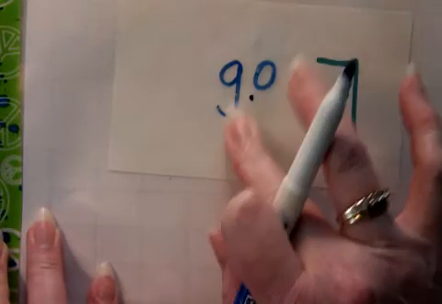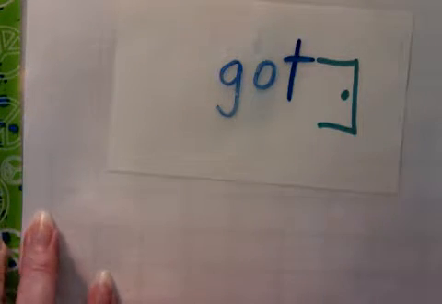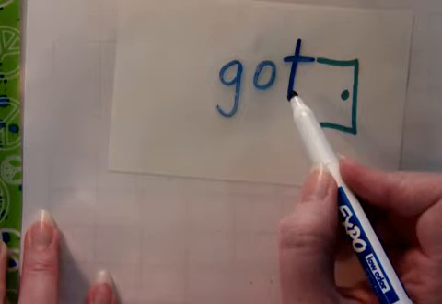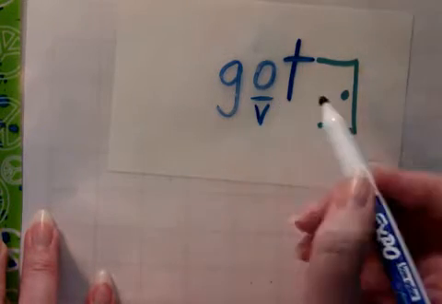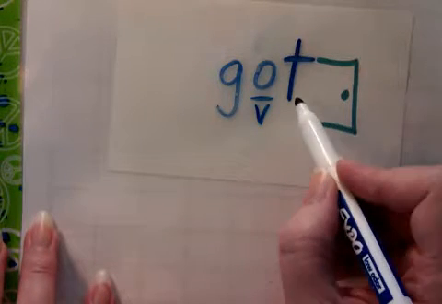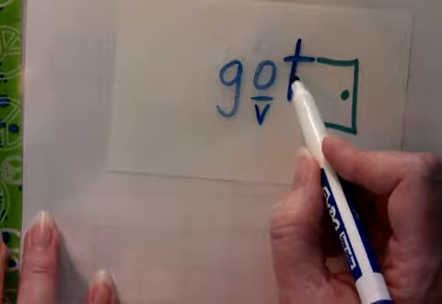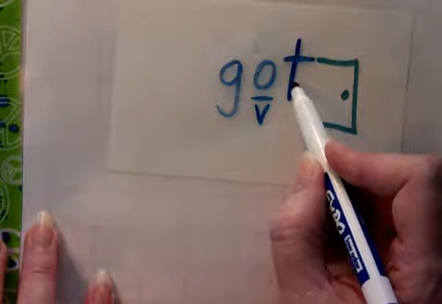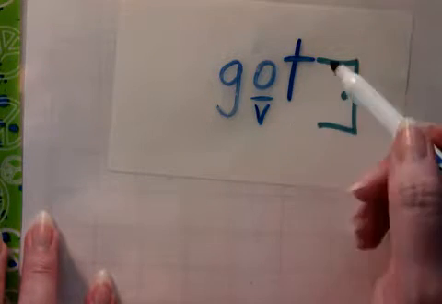Let's do that again, except I'm going to write this word. I don't know how to sound it out. So I find my vowel, I underline it, and I mark it with a V for vowel. Then he can't get to the door because this consonant's blocking him. So the door stays closed. So this is called a closed syllable.